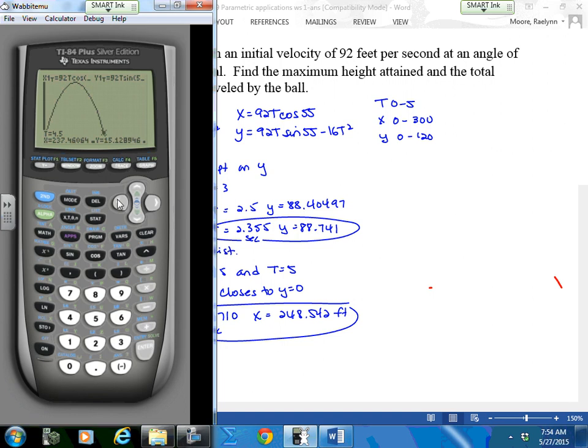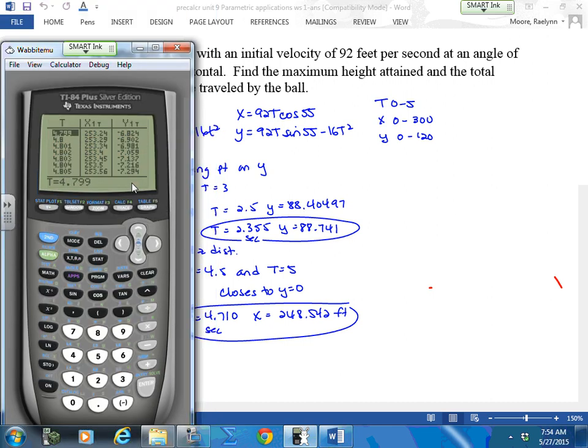So again, I'm somewhere after 4.5, before 5. It looks like I'm closer to 4.5. So maybe I'll set my table to 4.8 again. Find where this hits the ground. The calculator's a little tricky.